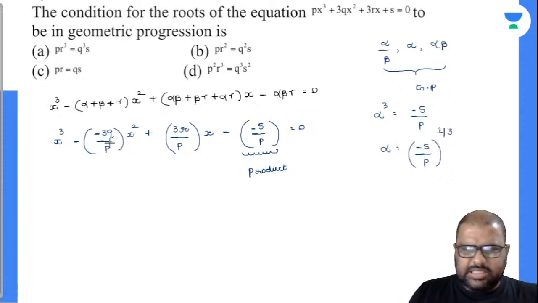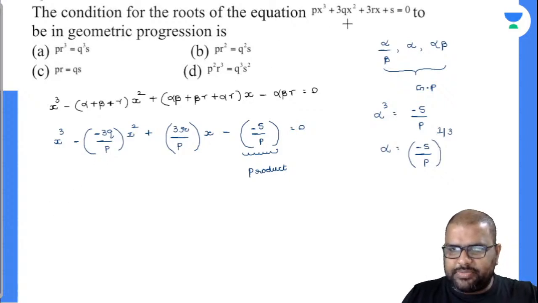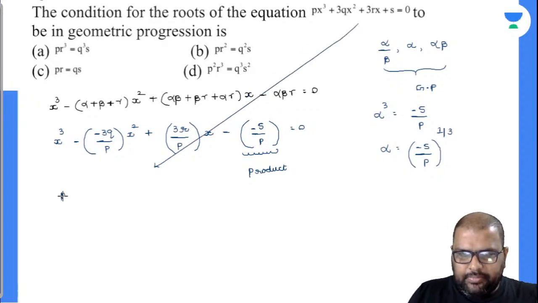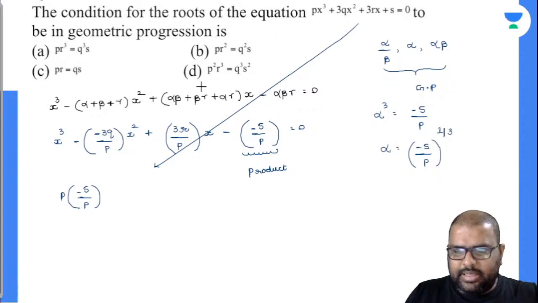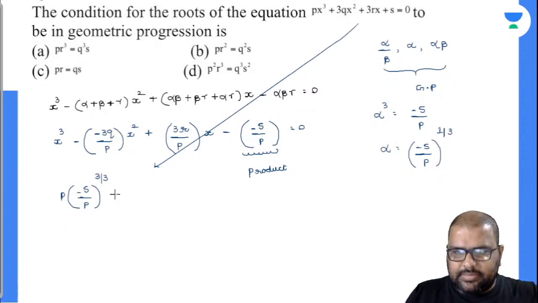Now just substitute this in the equation. So in this equation I have to substitute. So p into minus s by p whole to the power of 1 by 3. So this 1 by 3, this will become 3 by 3 and get cancelled finally. Plus 3q into, in the place of x I have to substitute minus s by p to the power 1 by 3.